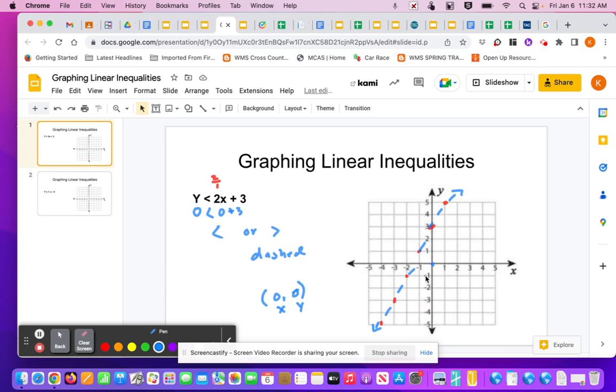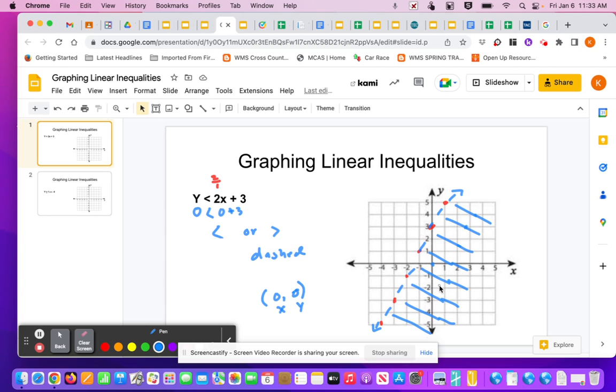But there are actually an infinite number of solutions to this, and all of them are in the region that the origin is part of. The origin is located below and to the right of the dashed line. So this region that I am shading in right here would contain points that are solutions to this inequality statement.